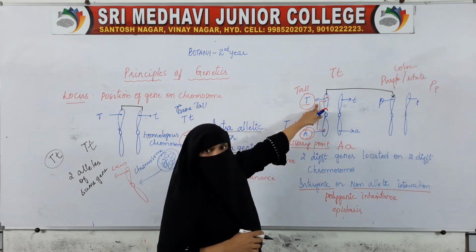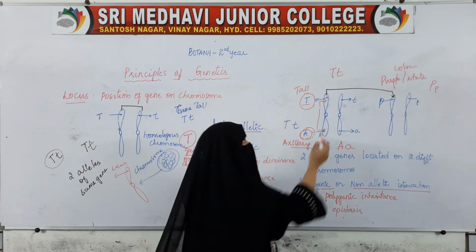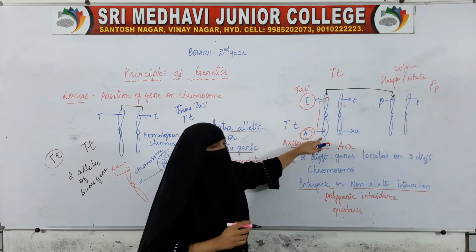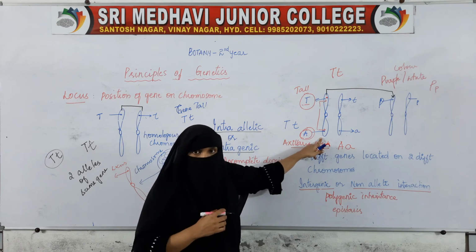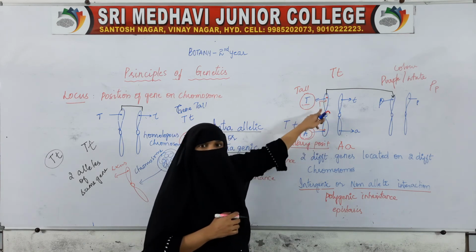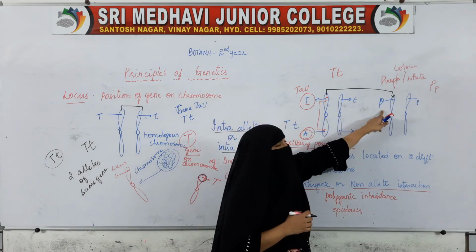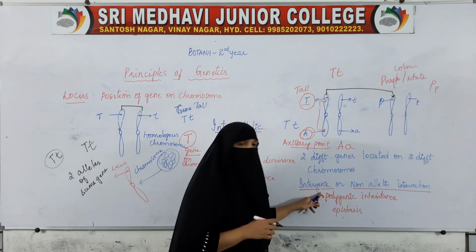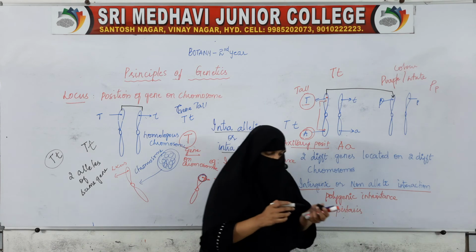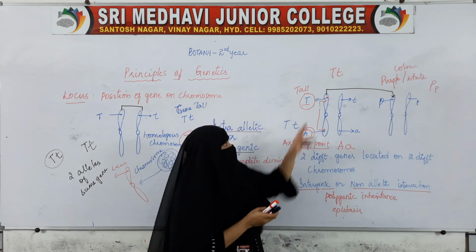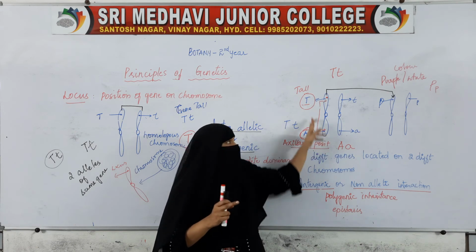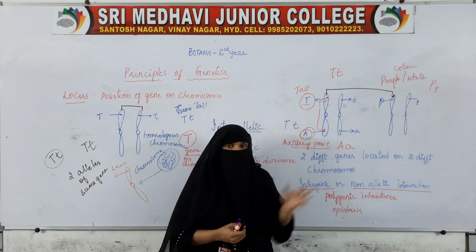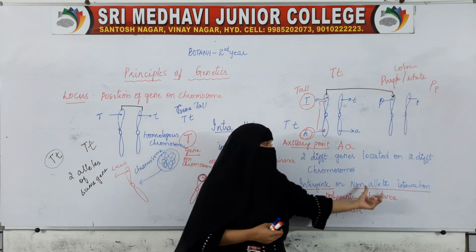Here also it is an interaction between two different genes, one tall and another purple. If there is interaction between two different genes on the same chromosome, or between two different genes on two different chromosomes, those types of interaction are called intergenic or non-allelic interactions.